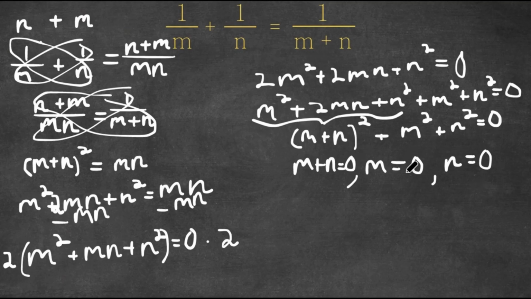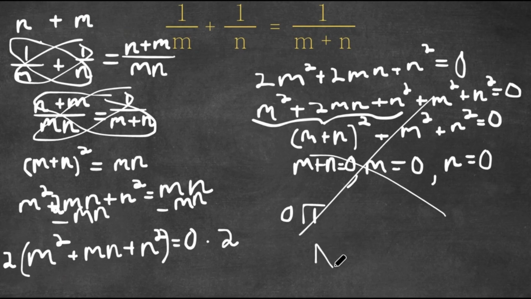However, if we plug in 0 in this equation, we would have 1 over 0 plus 1 over 0. And you actually can't divide by 0, because if you try to divide by 0, you can't multiply anything with 0 to get 1. So this actually means that all of this is wrong and there is no solution.